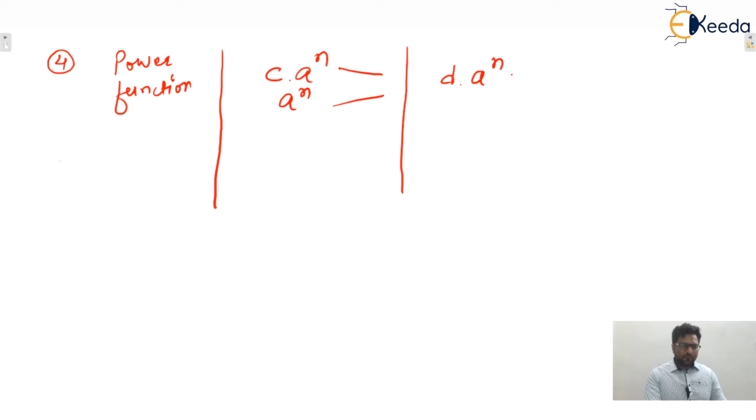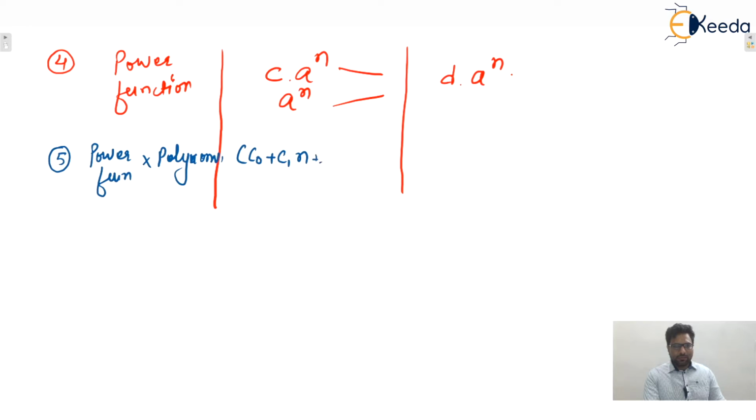Fifth one is a power function multiplied with any polynomial, let's say c0 plus c1n and so on, multiplied with a power n. For that, the particular solution will be d0 plus d1n and so on, into a power n.